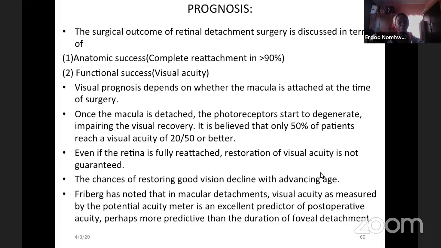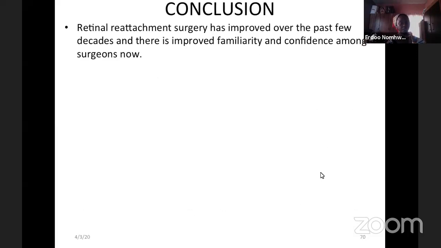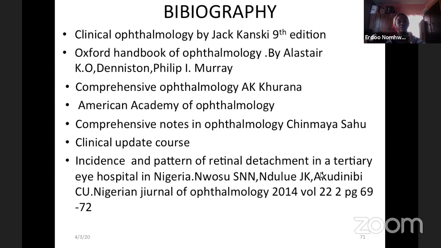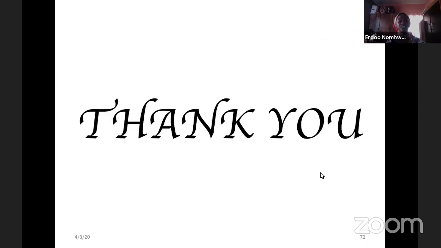So this is just for us to know that if we have a patient that has an RD with macular involvement, if we're able to check the VA with the potential acuity meter, we'll be able to better advise and counsel the patient irrespective of the duration of foveal detachment. In conclusion, retinal reattachment surgery has improved over the past decades, and there's improved familiarity and confidence among surgeons now. These are my references. Thank you for listening.